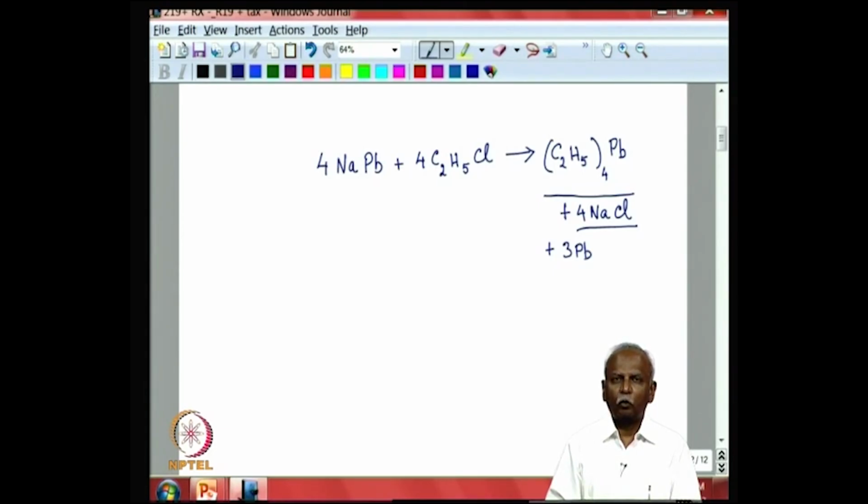The bond between the ethyl group and the lead itself is not as strong as in the other case, where we had magnesium and ethyl or magnesium and butyl forming a bond. But in spite of that, this reaction is driven in the forward direction because of the formation of sodium chloride, which is a very stable molecule.